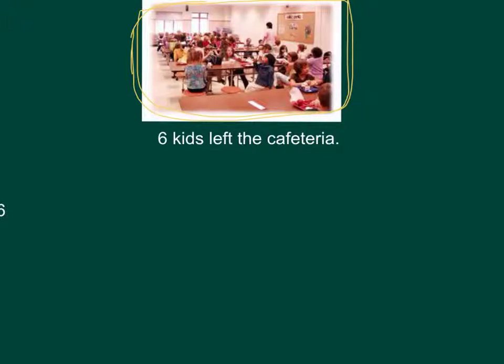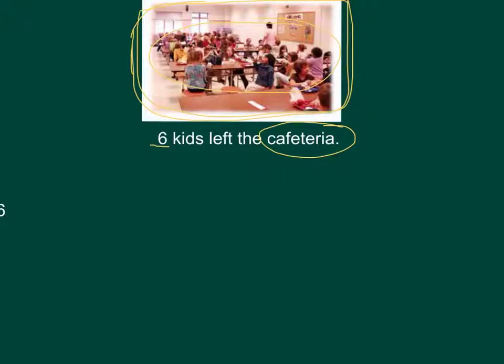Think of what you know. Do we have a number? We have a number, 6. Do we have a variable? Actually, we do. It may not be as clear as the other problems were, but we have a variable. What is the variable? The number of kids in the cafeteria. Do we know how many kids are there?